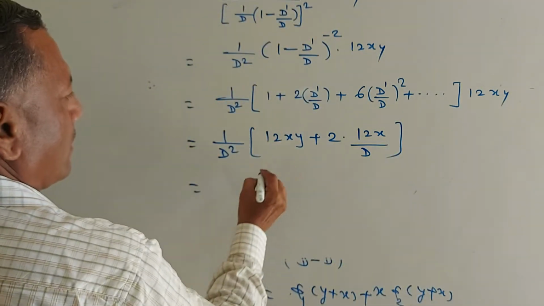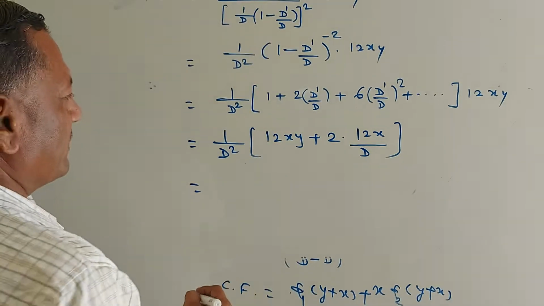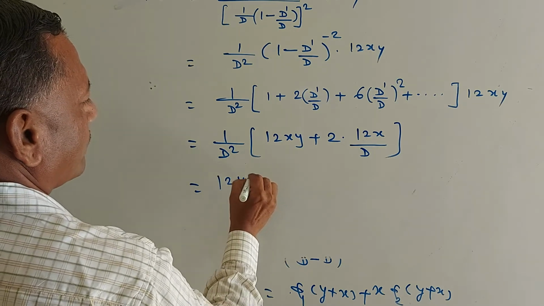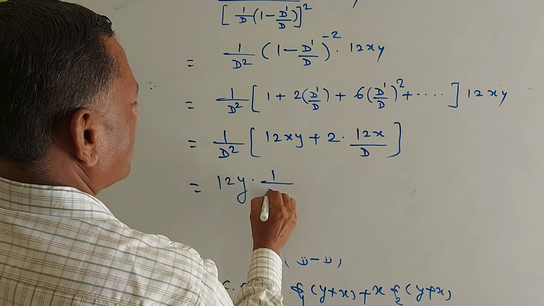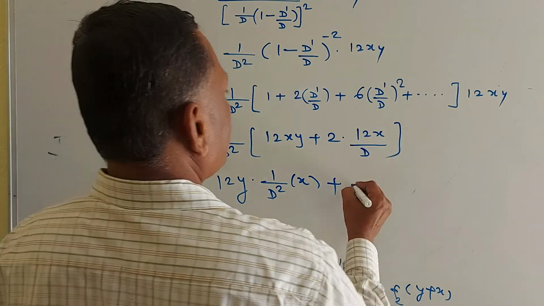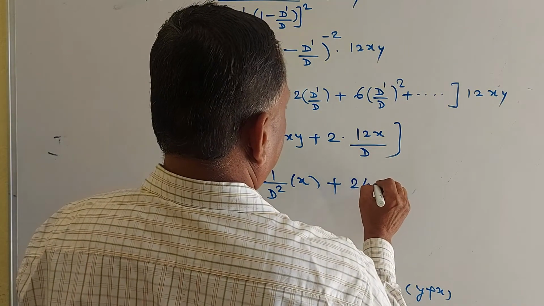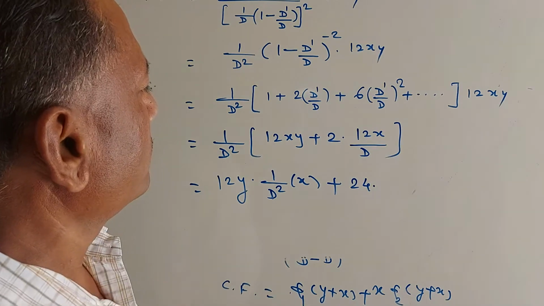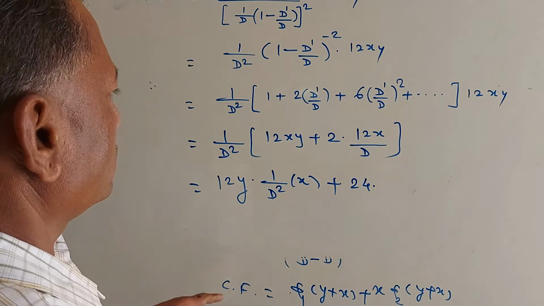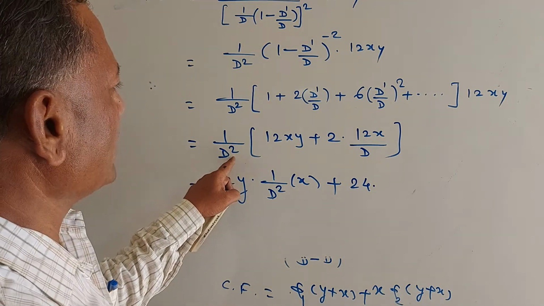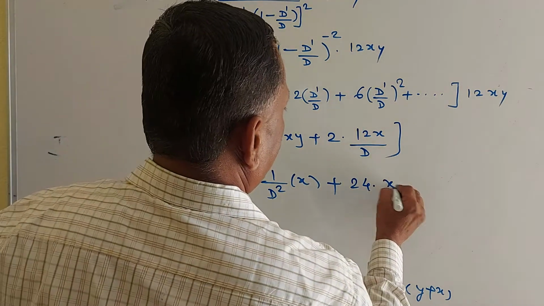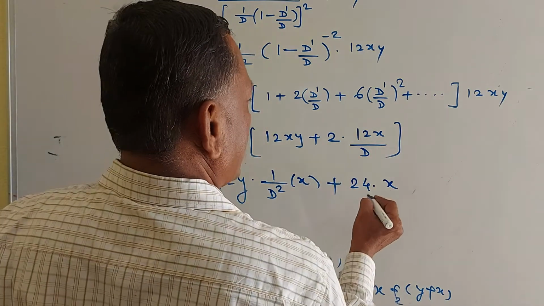So it is equal to 1 upon D, which means integration with respect to x. Therefore here 12 into y, 1 upon D square of x, then plus 24. If you simplify this, D square into D, 2 into 12 means 24x, and D square into D means D cube.